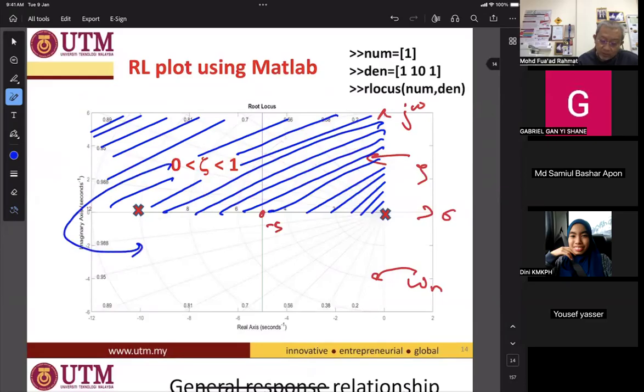This is known as the underdamped zone, meaning this is where the system will work with good response, stable, and no issues. So make sure the controller controls the model in such a way that it works in the underdamped region.